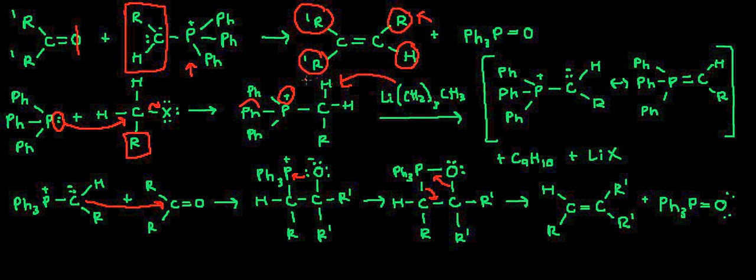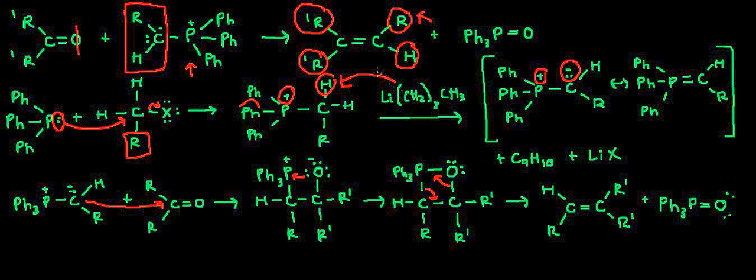Using butyl lithium to remove one of the protons, this is a strong base, it gives this resonance structure. There's a positive charge on the phosphorus and a negative charge on the carbanion. It's a carbanion. The other resonance structure is a double bond. I chose to use this resonance structure because, as we know, resonance structures, it's not one or the other, it's something in between.